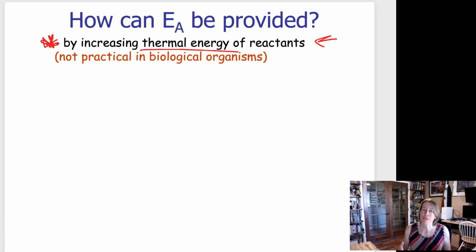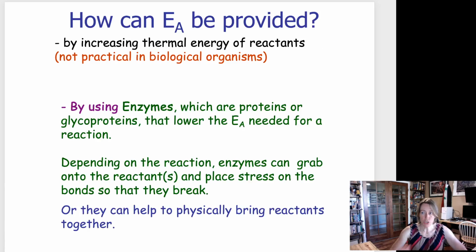So you have to come up with a different way to get over that energy of activation hump that the chemical reaction needs to break down the food molecules or whatever molecules you need to break down in your body. So this is how you do it, and this is how living organisms do it.